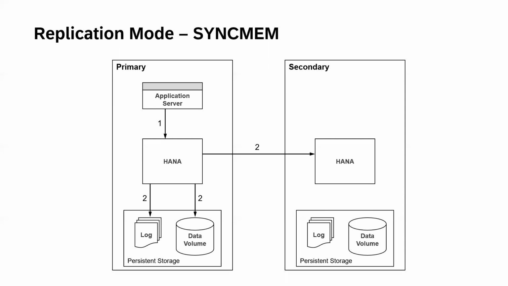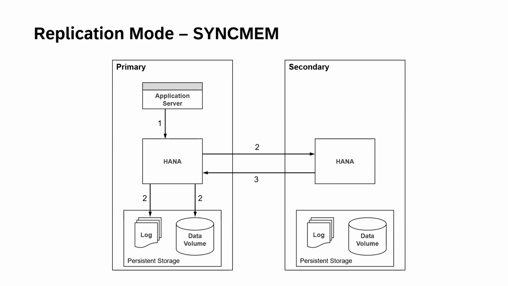As soon as the secondary instance receives the change data packet, it sends an acknowledgement back to the HANA instance. The secondary server does not wait until it writes all the information to the data volumes and log segment.